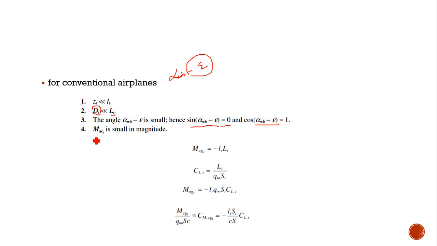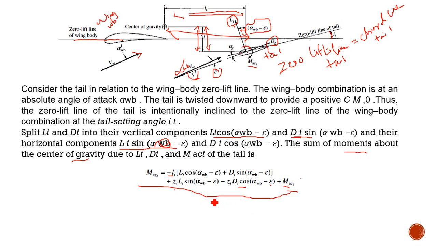And one more thing, the moment about the aerodynamic center of the tail, that is MACT, is also neglected because it is very small in magnitude. Therefore these four things get neglected, and the equation will be reduced. So this part is neglected, and also this part will be neglected, and drag is also neglected.